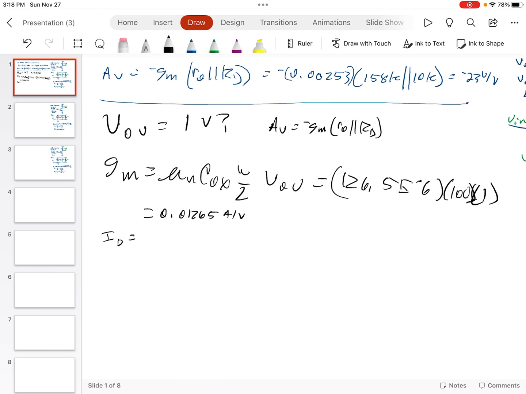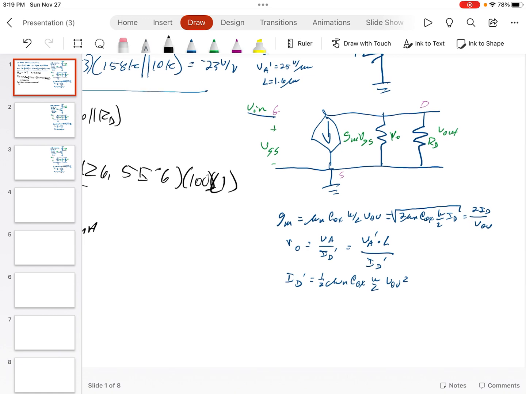And 1 squared is just 1, so I've got 1/2 times 126.5 e to the minus 6 times 100 times 1 squared. That equals 6.325 milliamps, and that has an effect on R naught.